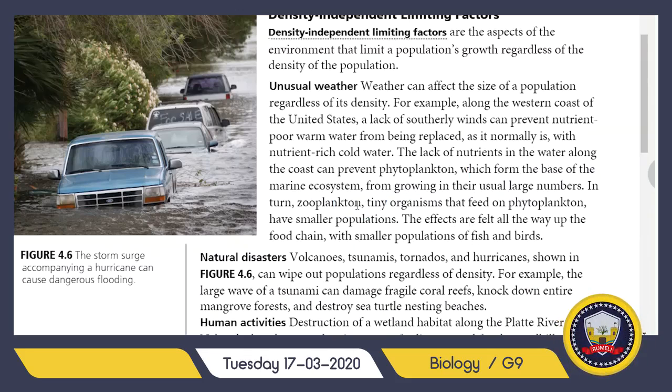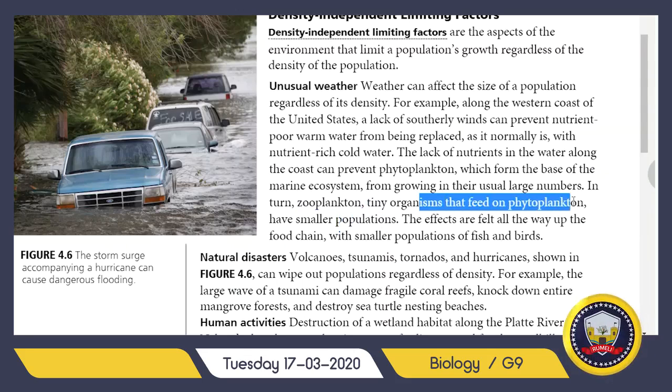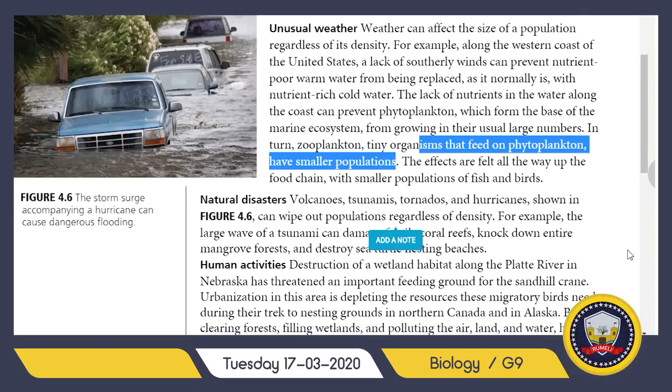As a result, the zooplankton, tiny organisms that feed on the phytoplankton, have a smaller population. The effect will be felt later on with smaller populations of fish and birds. And this is the unusual weather.